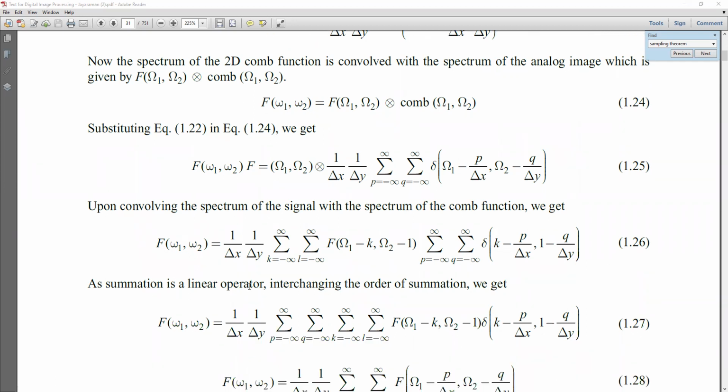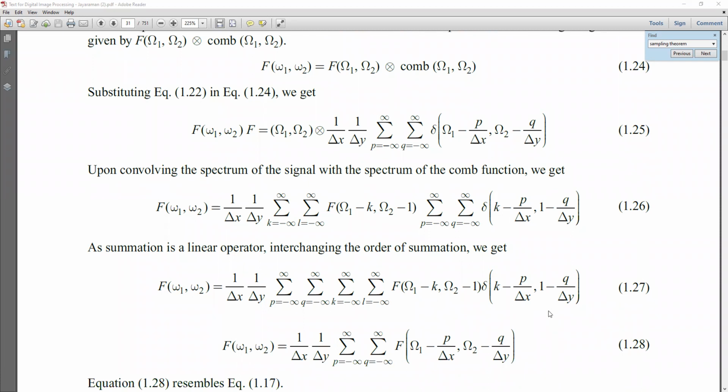So as summation is a linear operator, interchanging the order of summation, you are bringing all the summation terms here and multiplying these two terms. So Fourier transform of this one will be 1, delta function will be 1. And this occurs at k equal to p by delta x.